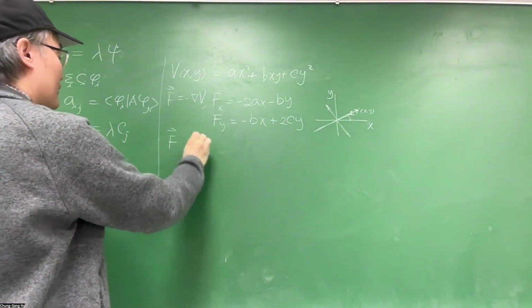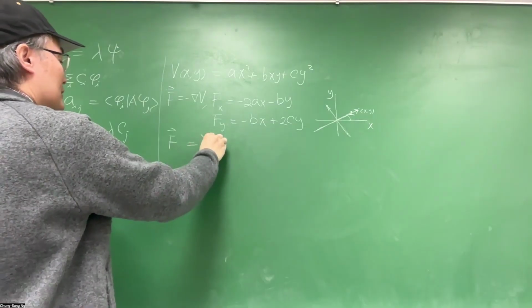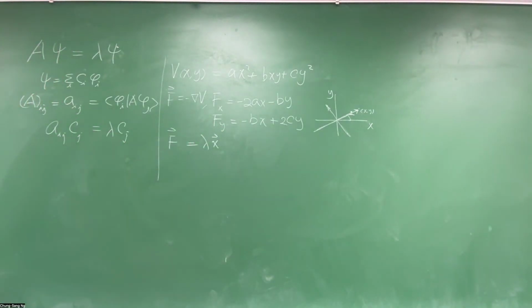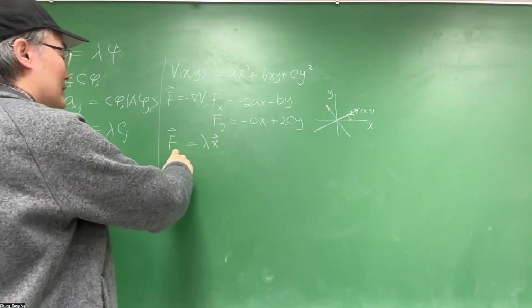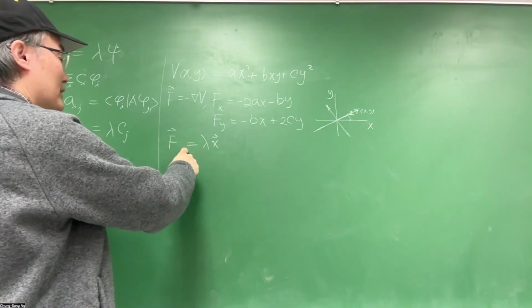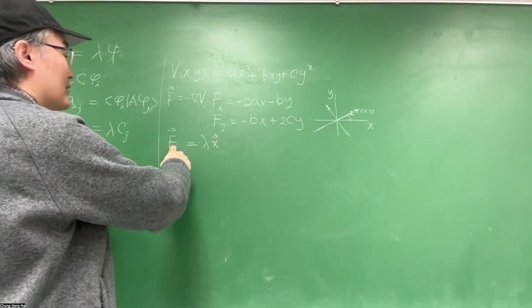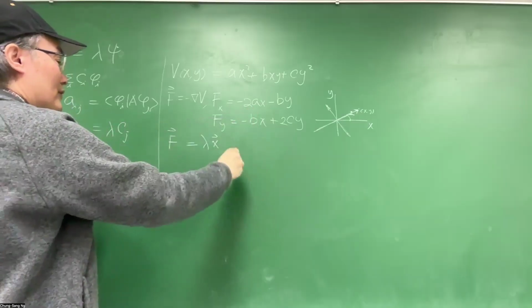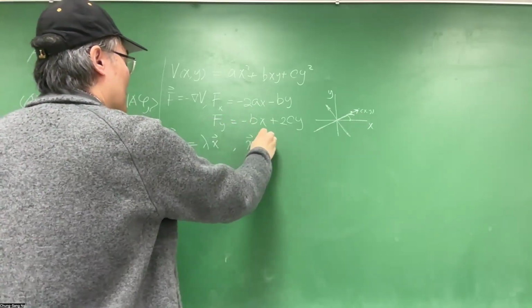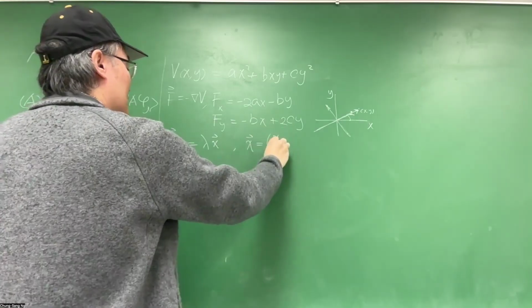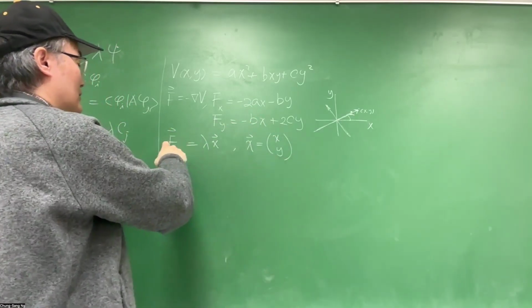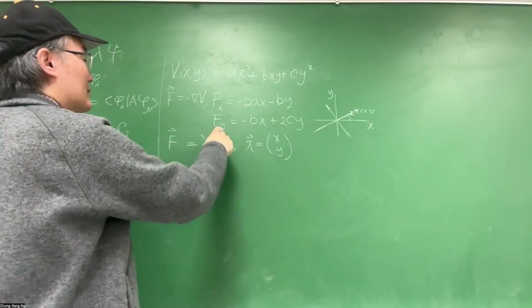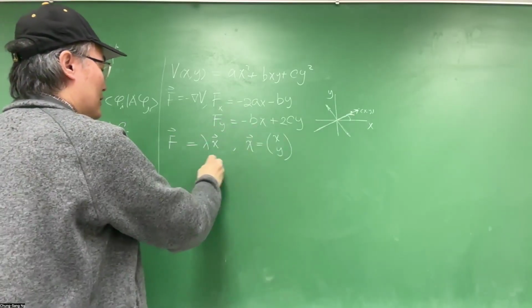So what we try to find is F equals lambda x. That is the eigenvalue problem. And then put it in matrix form. So F is given by this one. If you choose X to be a column vector, X and Y, then this F is in this form, and we put it in a matrix.